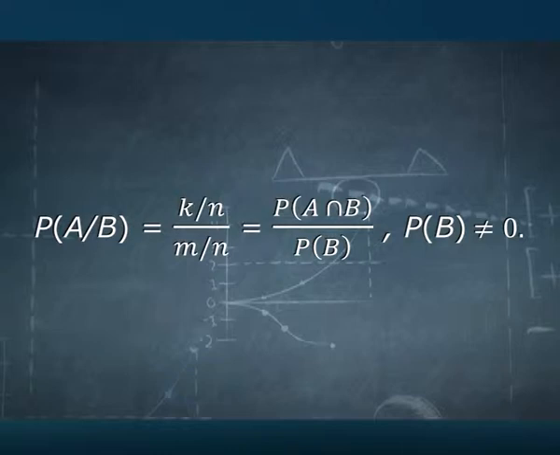So that is equal to probability of A intersection B divided by probability of B, where probability of B is not equal to 0.